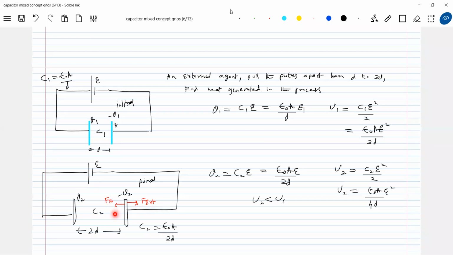Okay, how do we get the work done by the external agent? Again, it's a very good conclusion which I am putting here. Work done by the external agent should be equal to mod of delta U. This is true in all cases, whether energy decreases or increases. What is that magnitude? Equal to the change in energy of the capacitor.